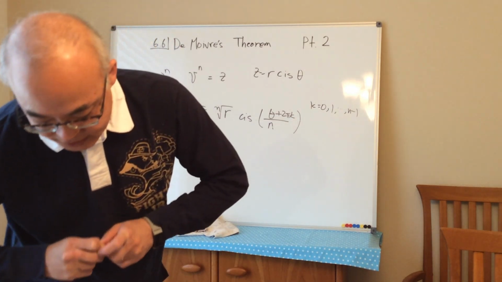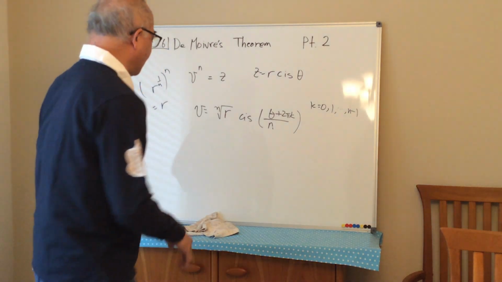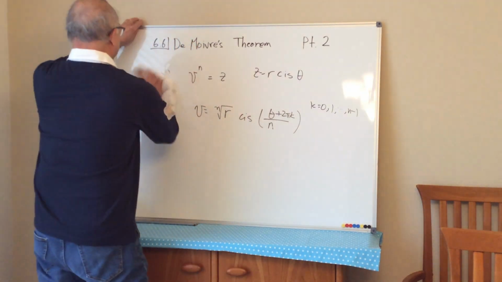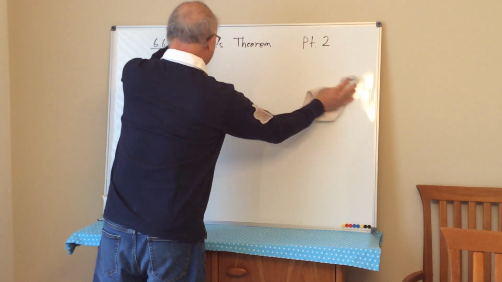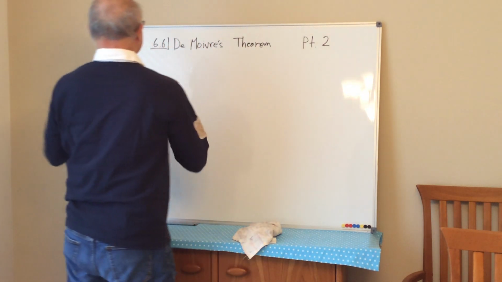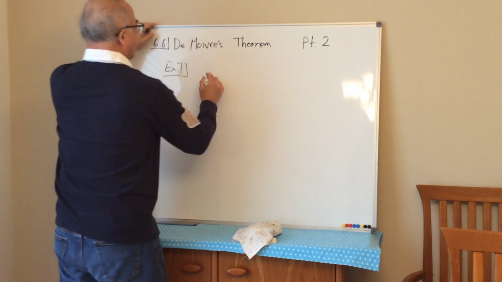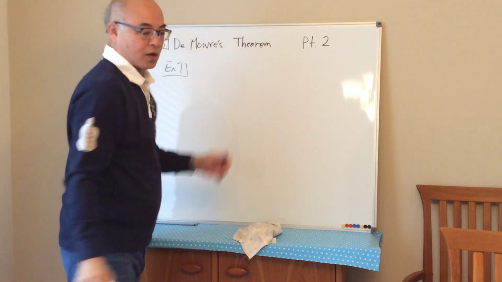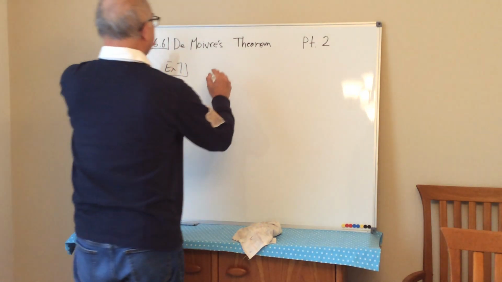In example number 7, it says finding the fourth roots. Find the fourth roots of 5 CIS pi over 3.